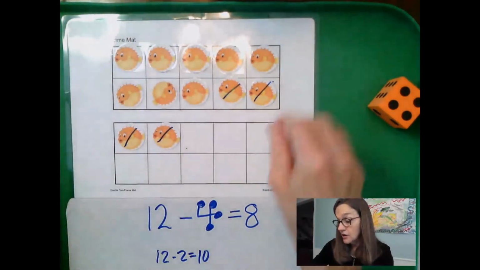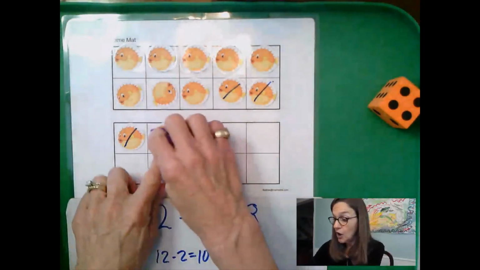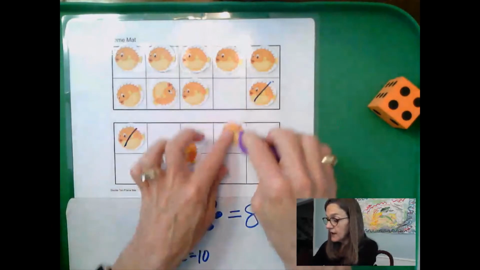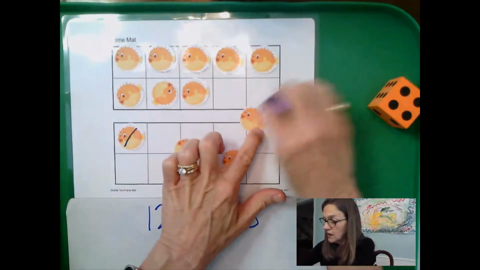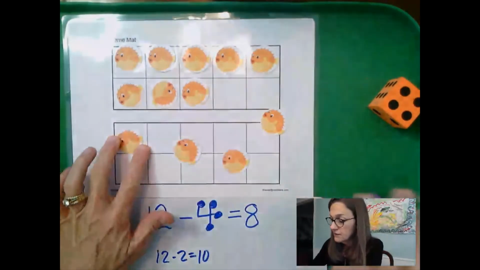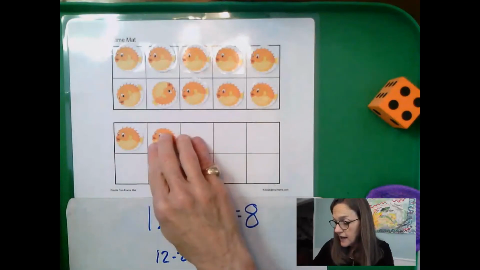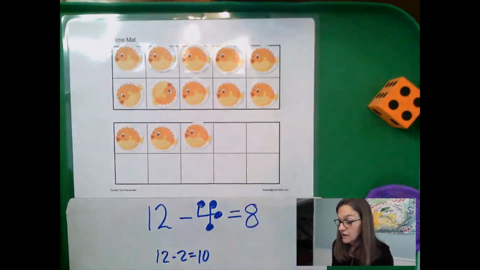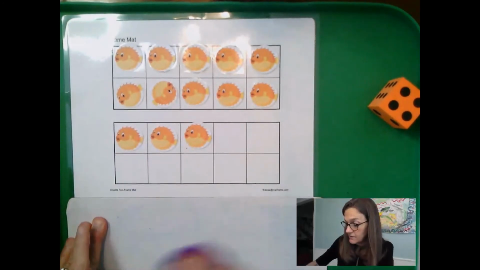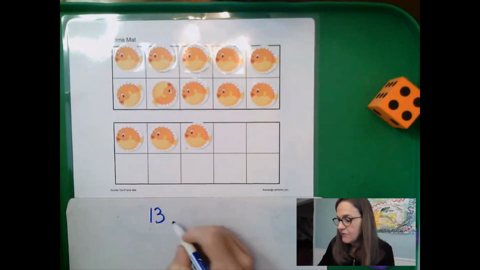Okay, and you're going to see these subtraction problems in little story problems also. For example, if I said to you that there was a school of 13 pufferfish, 5 of them got scared and swam away.